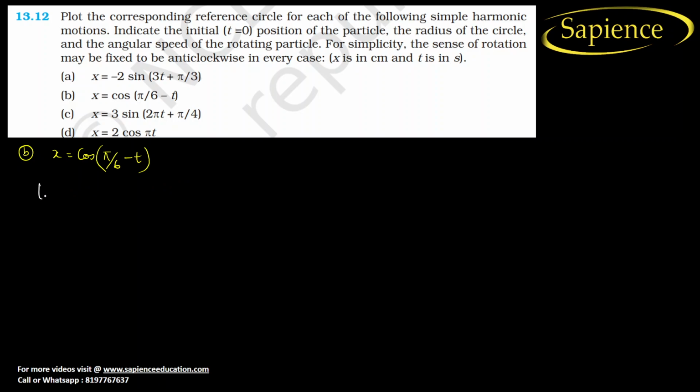Now at t equal to 0, the value of x will be equal to cos pi by 6, that is root 3 by 2. So it is positive.